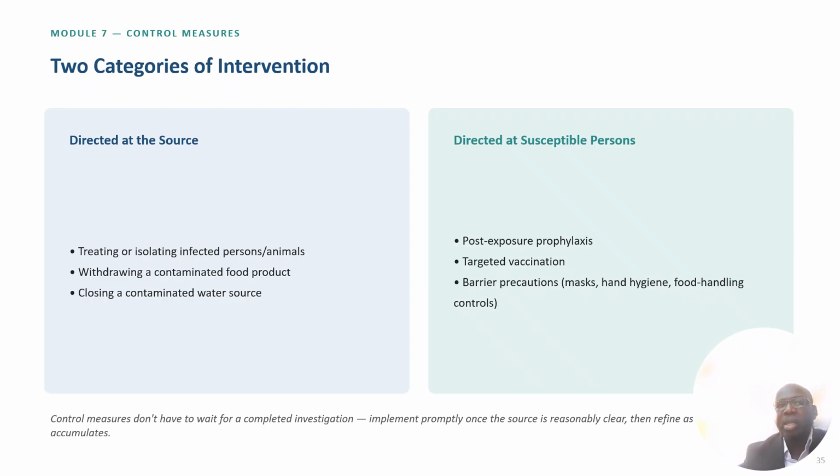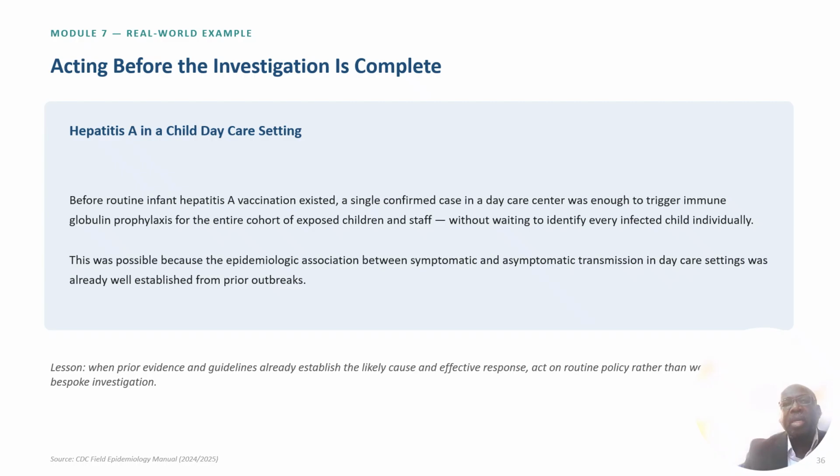Sources means those already considered as cases; susceptible persons are those at risk, such as through post-exposure prophylaxis, targeted vaccinations, and barrier precautions like masks, and so on. We can also consider this during COVID-19, since we had direct control measures for those already identified as cases and directed measures for those at risk of becoming cases.